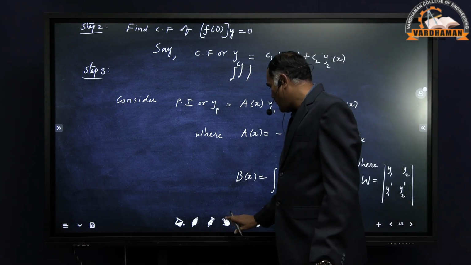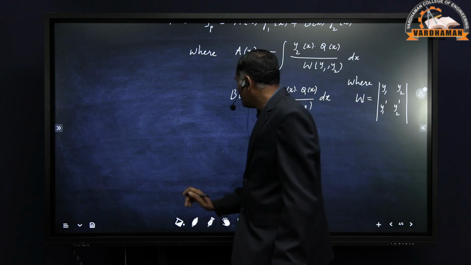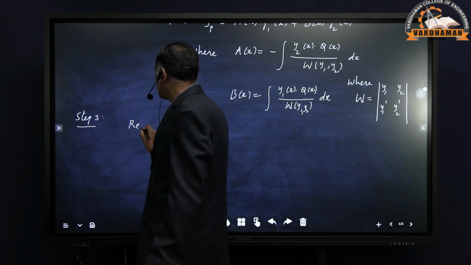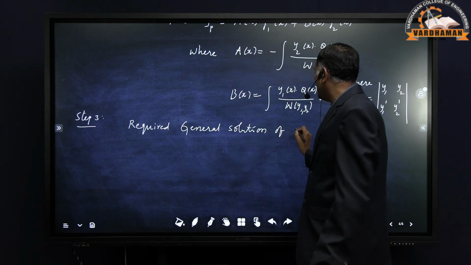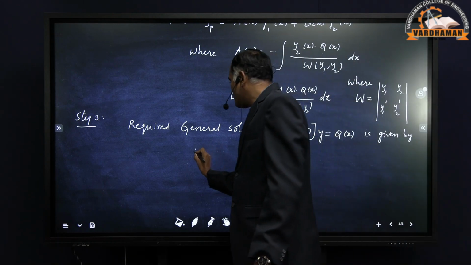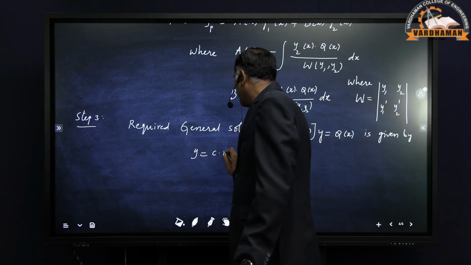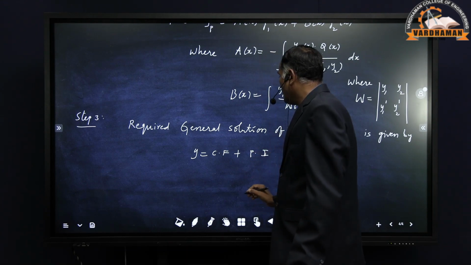Then the next step, step 3, is the required general solution of the given problem 1. The required solution is given by y equals complementary function plus particular integral.